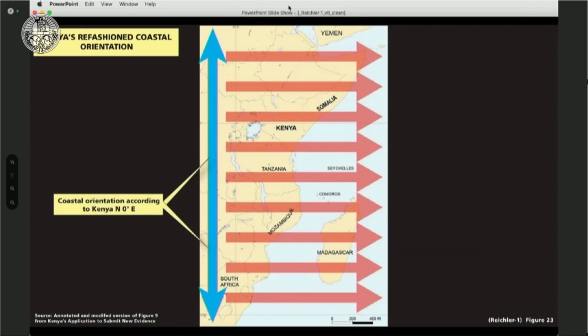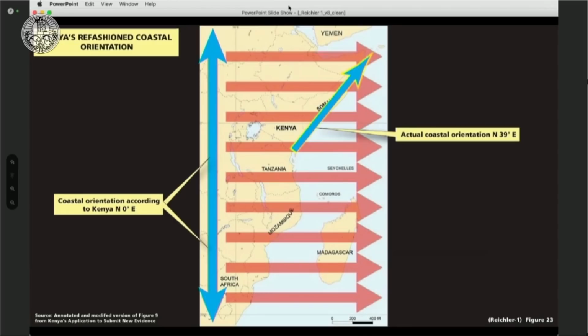As highlighted here, Kenya's imaginary coast runs due north and south at an angle of 0 degrees. This bears scant relation to the actual direction of the real coast, which runs from northeast to southwest, despite Kenya's effort to obscure it with enough arrows to fill an extraordinarily large quiver.